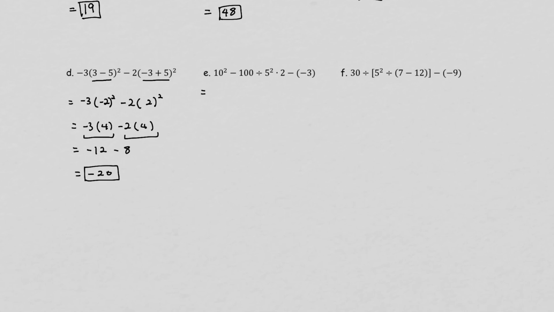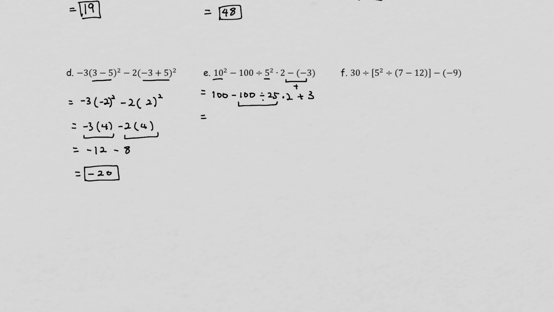Right? Maybe I can do exponents at the same time, combining the signs, right? Subtracting a negative is the same as adding. So then I get 100 minus 100 divided by 25 times 2 plus 3. Don't forget, I don't do subtractions next, right? I do multiplication and division, whichever is on the left side first, so I will do division.